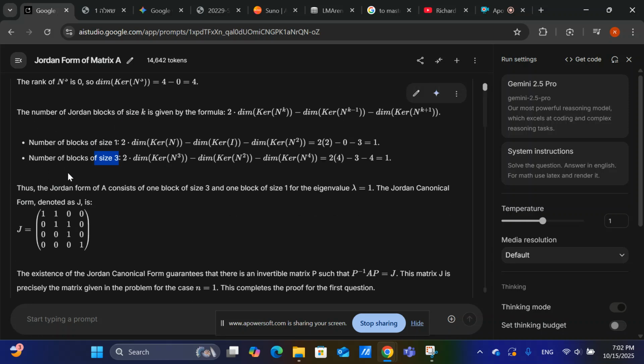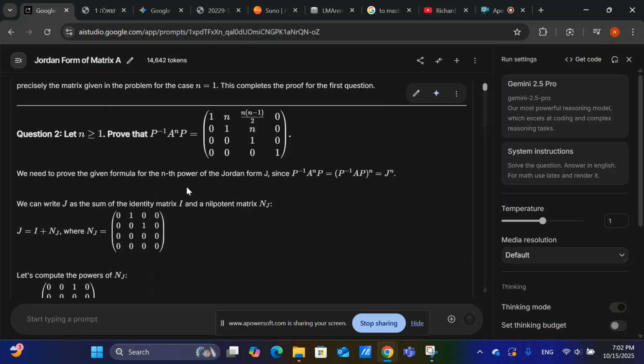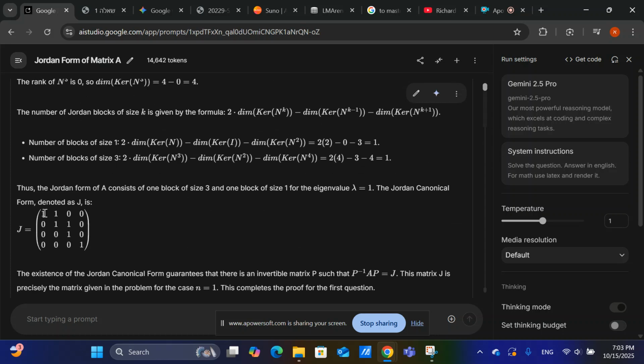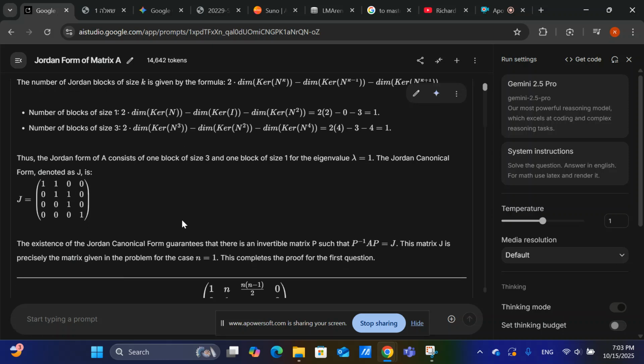Now this is the Jordan form for A. Let's look at J. When we take P^(-1) A P, we get to this one. Remember that for the Jordan form we found, we can just say that it's the identity matrix plus a nilpotent matrix with 1 on the first superdiagonal.